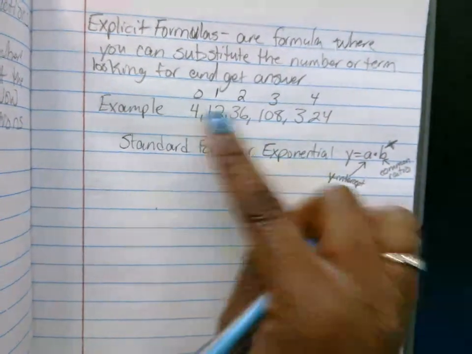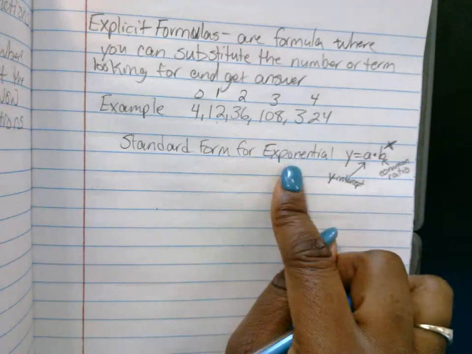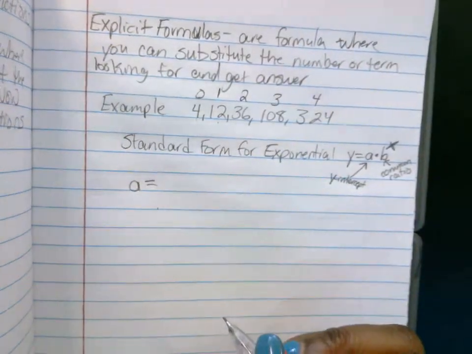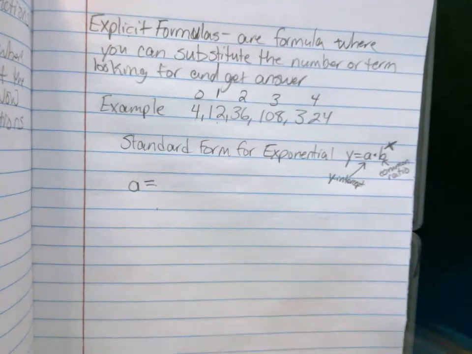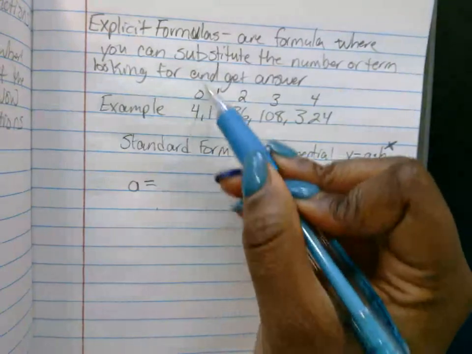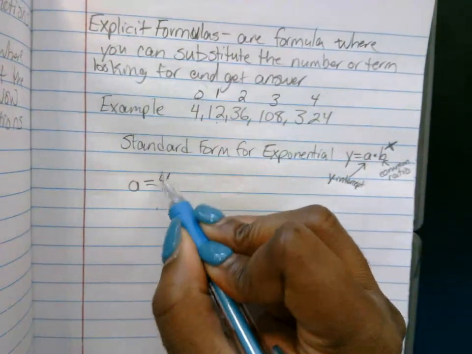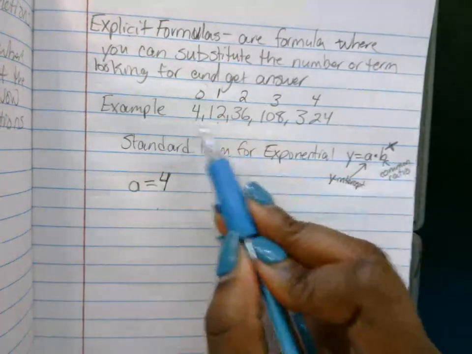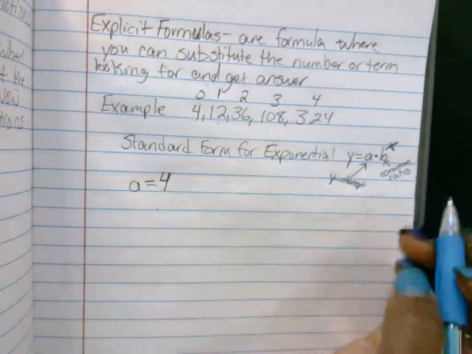All right, so in this example here, what's my a? What's my starting amount? My starting amount, or my zero number, is 4. That's the starting amount right here. What's the common ratio? 3.